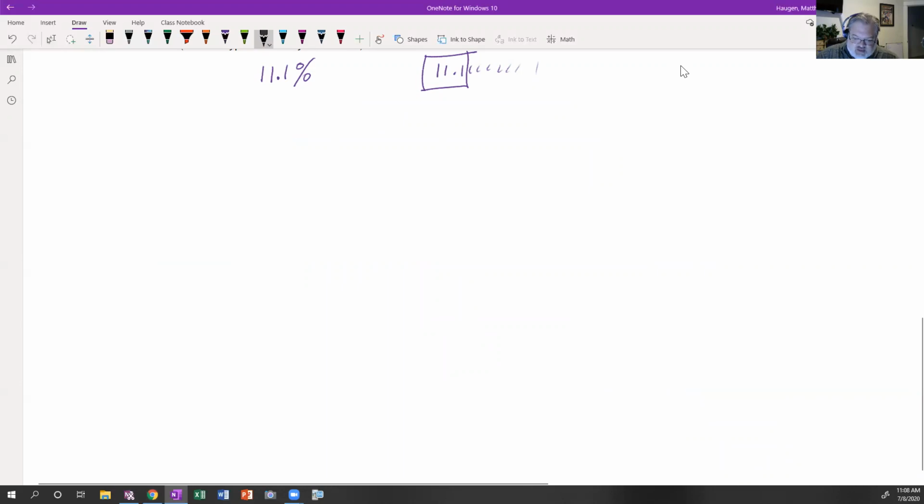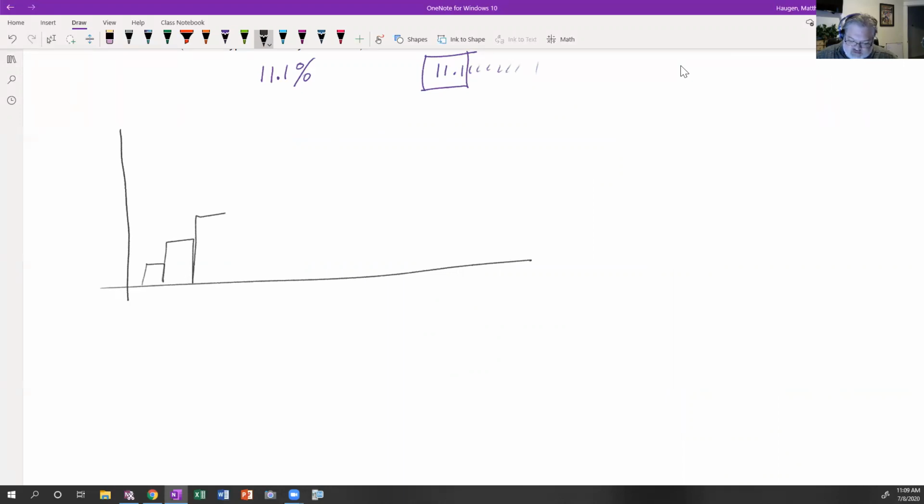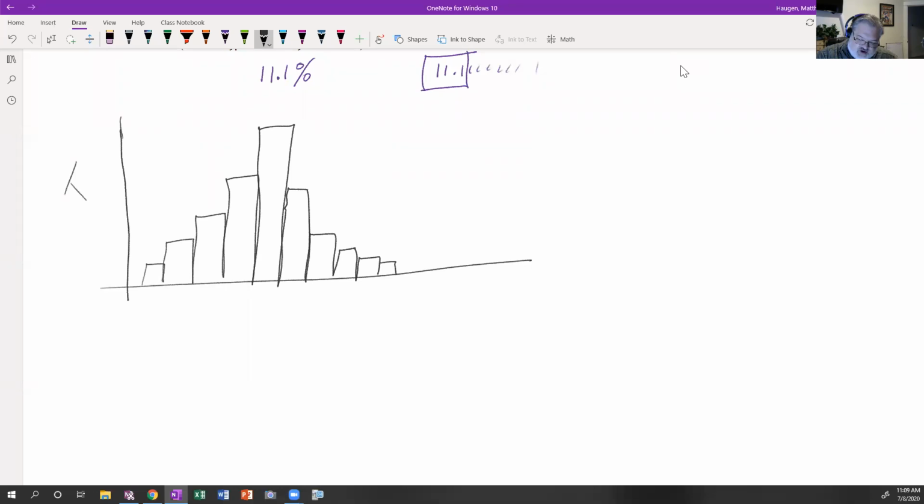Okay. So since we're talking about histograms, let's say we had a histogram, and I'm not even going to put a label on this histogram. So this would be frequency, and we could put a scale on here, why not? 20, 10.